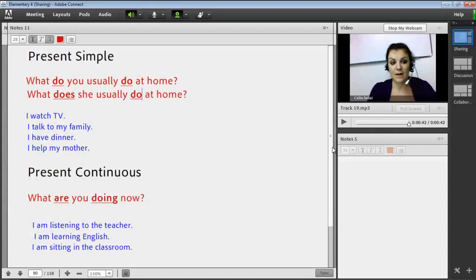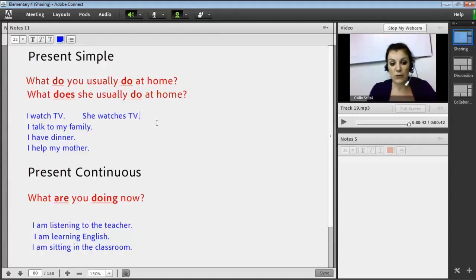Exactly. But I'm sure you remember that in the third person singular, when the subject is she, for example, like I watch TV, let's change the subject and say the same sentence with she: she watches TV. That's right.